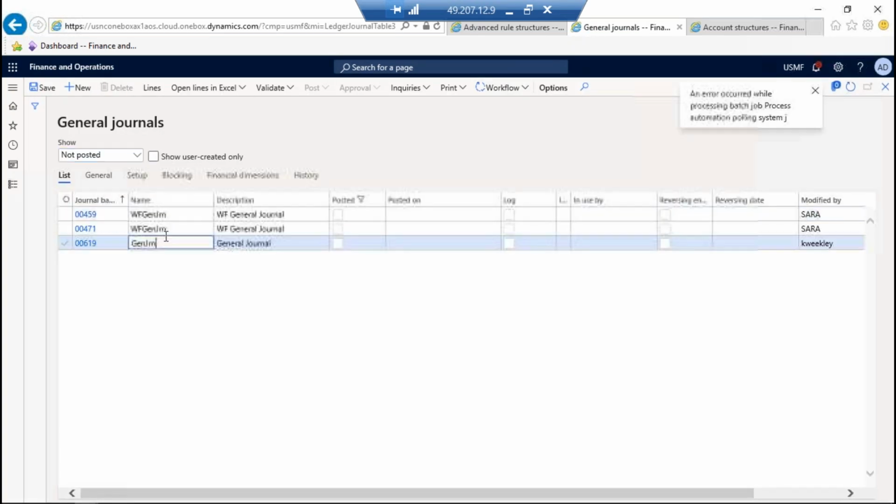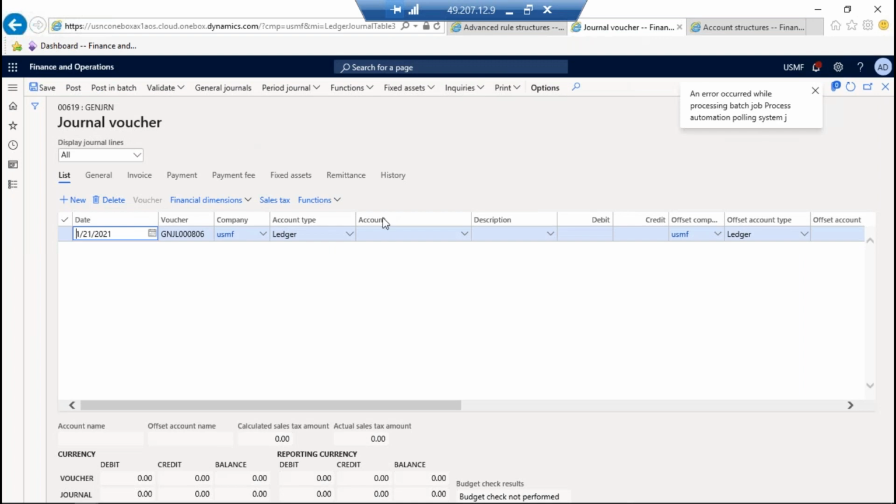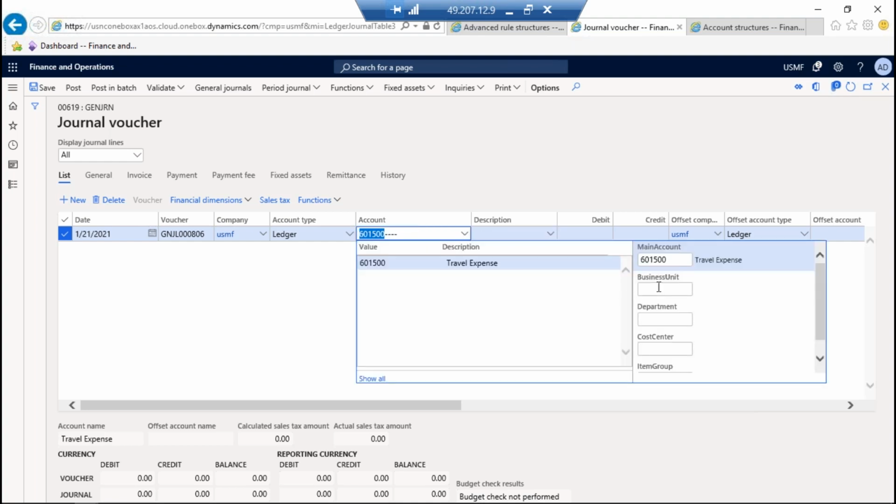Suppose I'm going to this line details inside. Okay, suppose 601500. In this, look at this one. It is showing business unit, department, cost center, item group.